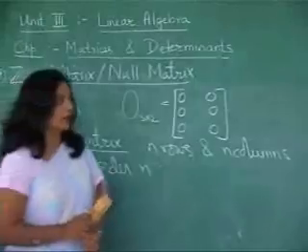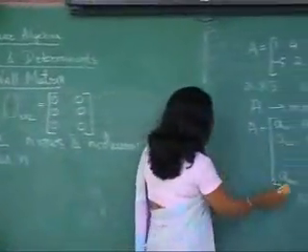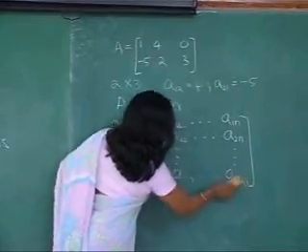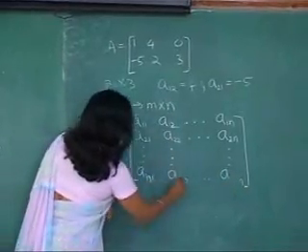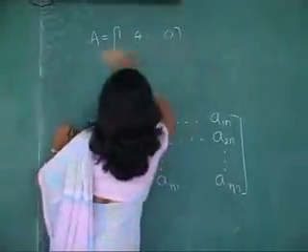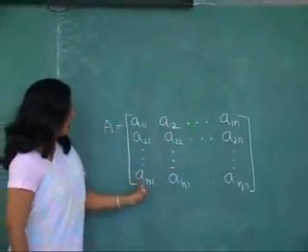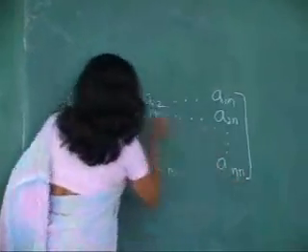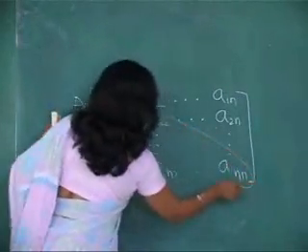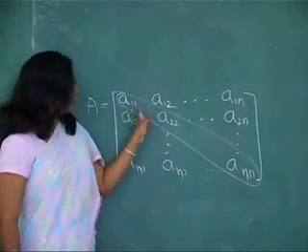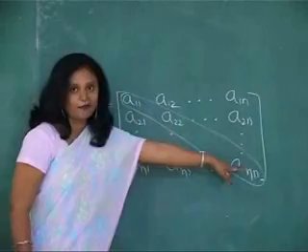Also in a square matrix, if it has n rows, n columns, then the last row is going to look like this: An1, An2, Ann. Look at these elements. For these elements, the first suffix is equal to the second suffix.